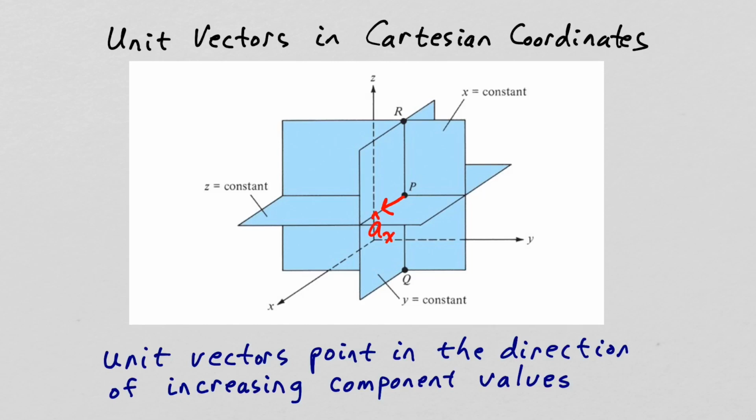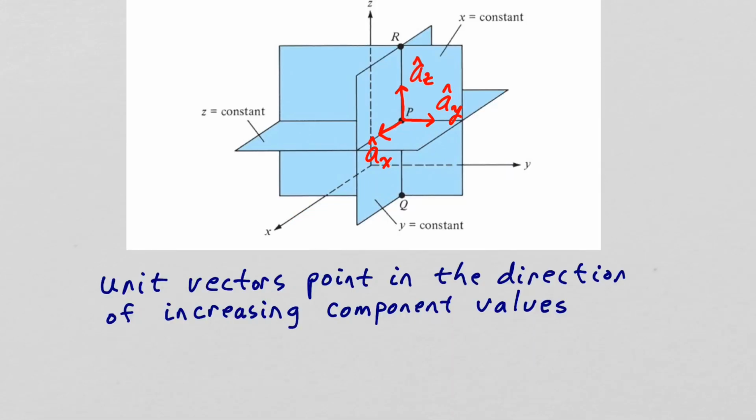If y were increasing, the y-plane would be moving to the right like this, so that's the unit vector in the y direction, and if z were increasing, the z-plane would be moving in this direction, so that's our unit vector in the z direction. And as we saw during our discussion of vectors, we can represent a vector by its components in the x, the y, and the z directions.